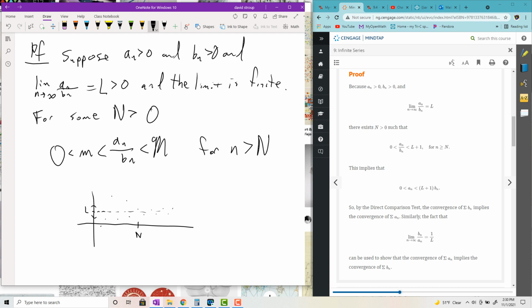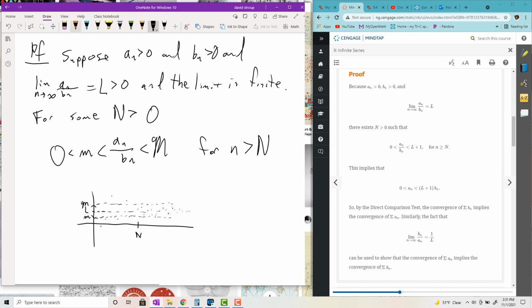So you'll be able to make this inequality statement if you let the lower part of the parentheses be little m, and the upper part of the parentheses around L be big M. As long as you get far enough out, all of the terms of the sequence will be within whatever epsilon you want, but in this case we'll just say big M and little m. So all the terms will end up in here, whatever the heck they're doing.